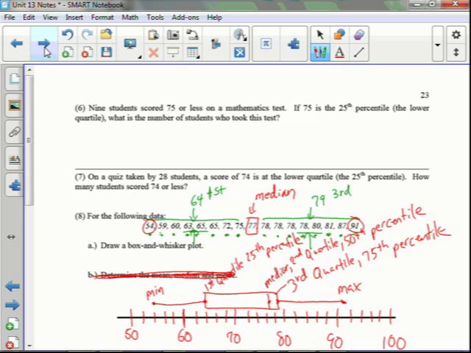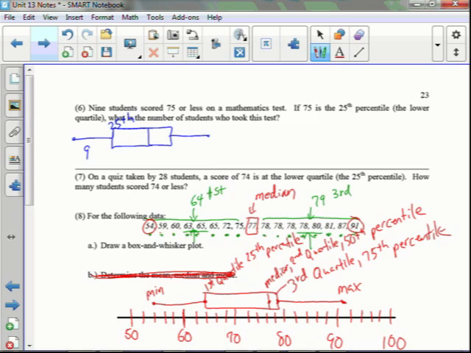And here's another one like that. 9 students scored 75 or less on a mathematics test. If 75 is the 25th percentile, the lower quartile, what is the number of students who took the test? So let's try this out. Let's draw a box and whisker just to help our understanding of what these things mean. 9 students scored 75 or less. If the 75 is the 25th percentile, that's right here, we're saying 9 students scored here.